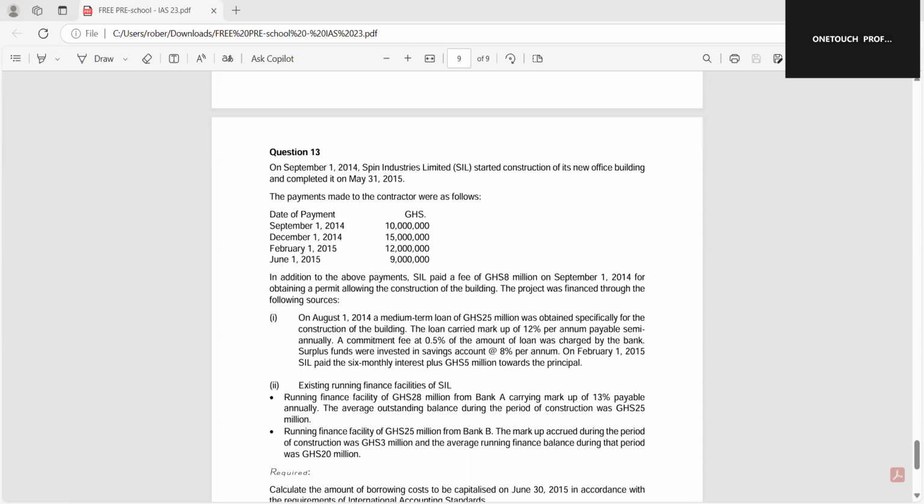Why am I getting a different figure on my calculator? A minute, let me check. The loan interest will be, I'm calculating on my calculator.